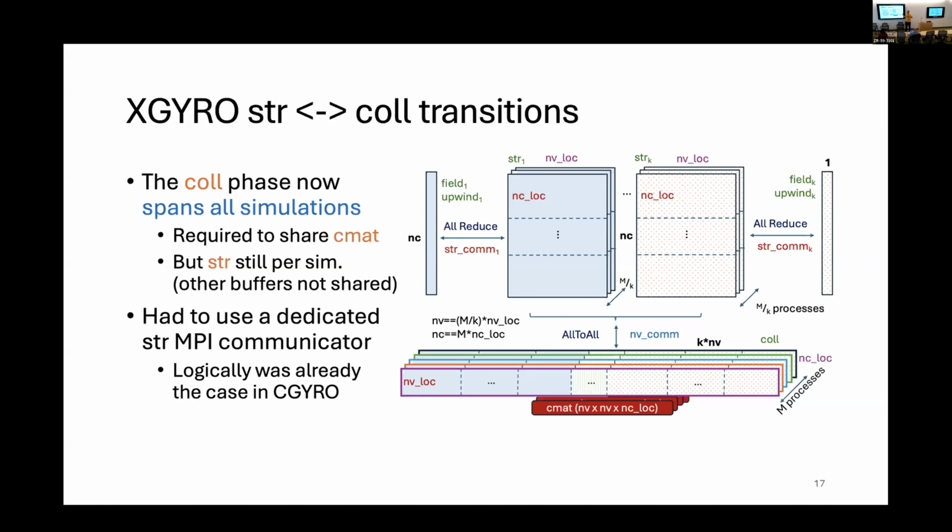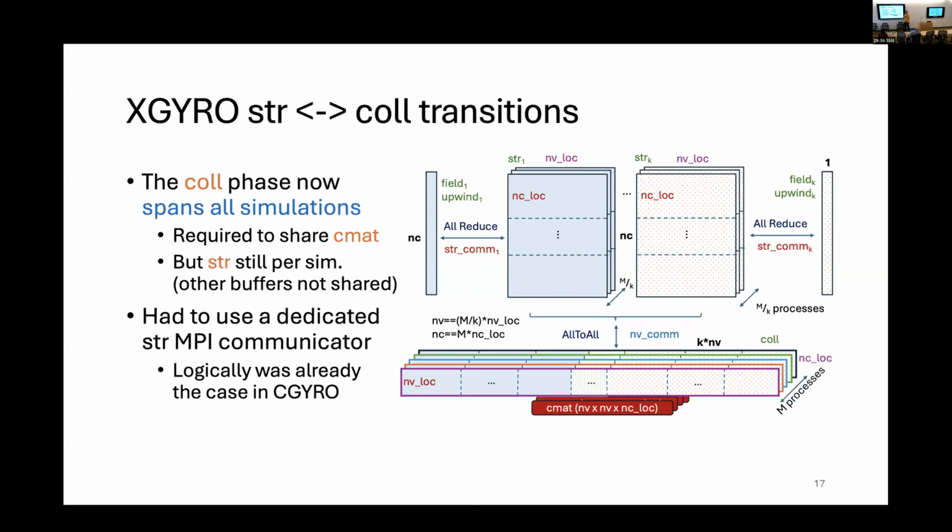So I must aggregate the data of all the simulations into all the processes, because it's the only way for each process to actually have access to the CMAT that they need, and back. And that is very different than the all-reduces, which only talk to the processes that are specific to that simulation.